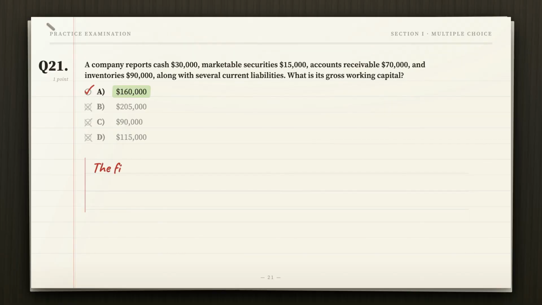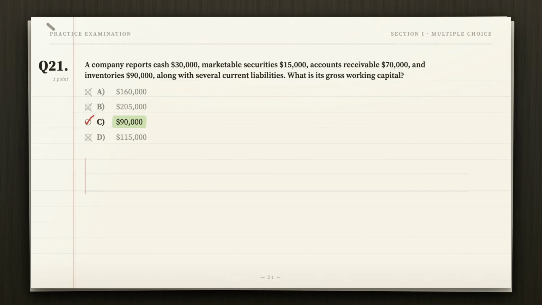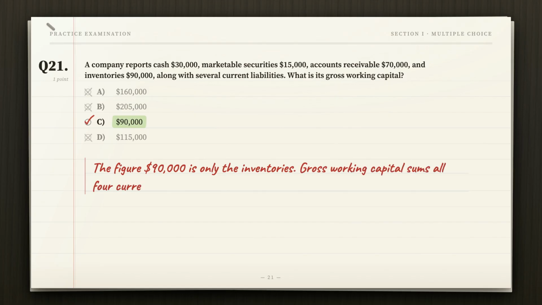A is wrong because the figure leaves out the marketable securities or another current asset line. Gross working capital includes every current asset the company holds. C is wrong because the figure $90,000 is only the inventories. Gross working capital sums all four current asset lines, not just one of them.